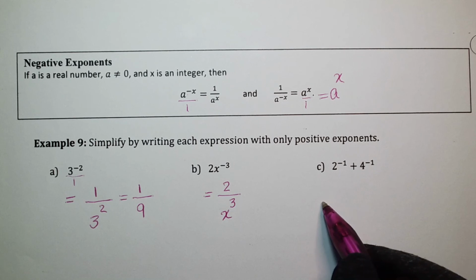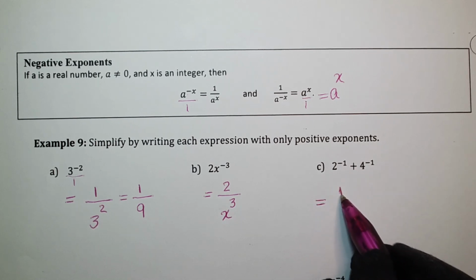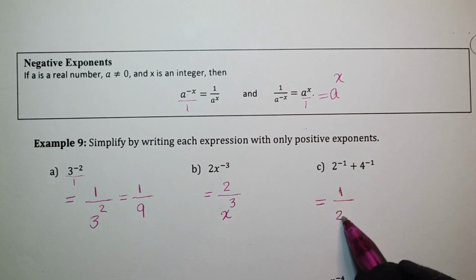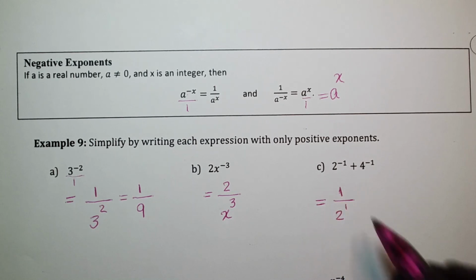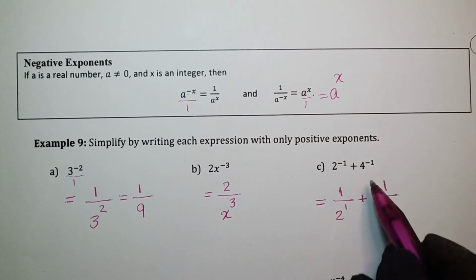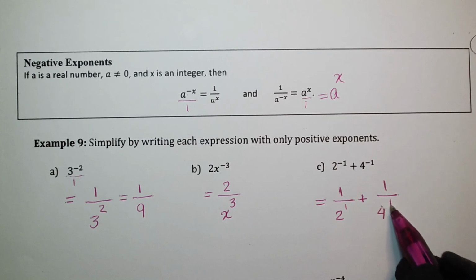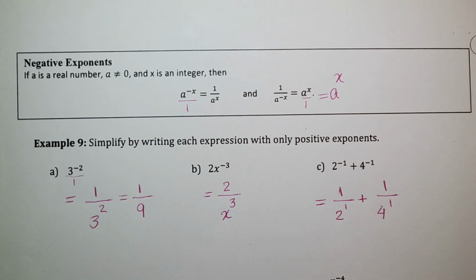Look at the third example. 2 to the power of negative 1 means 1 over 2 to the power of positive 1. The same, here you have addition. 4 to the power of negative 1, you can write it as 1 over 4 to the power of 1. So you have 1 over 2 plus 1 over 4.